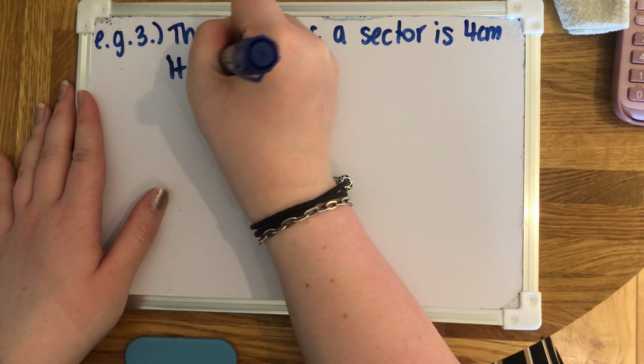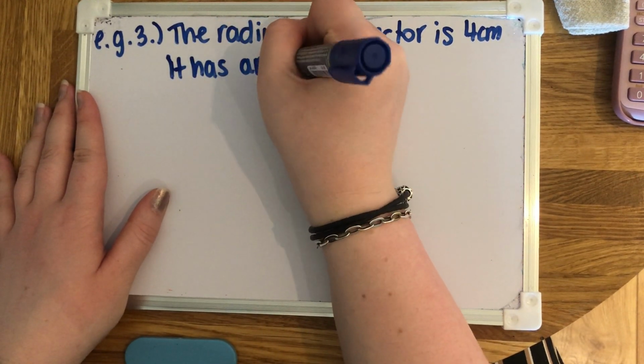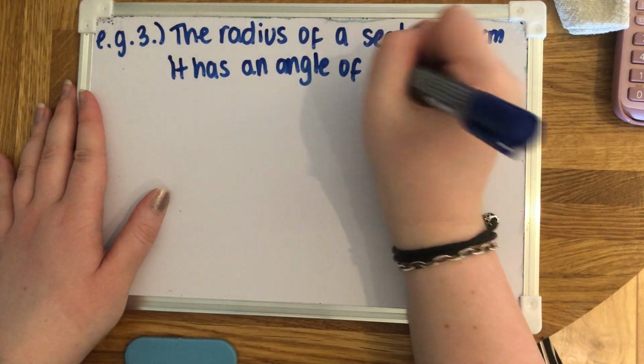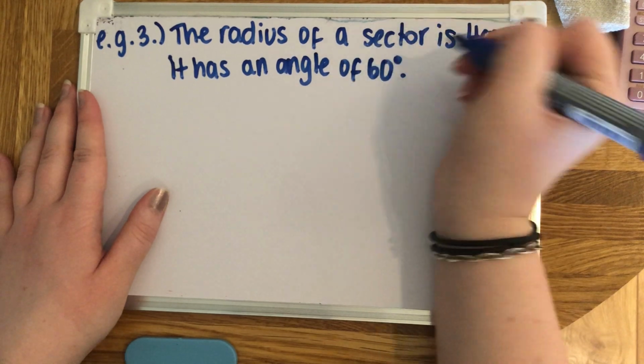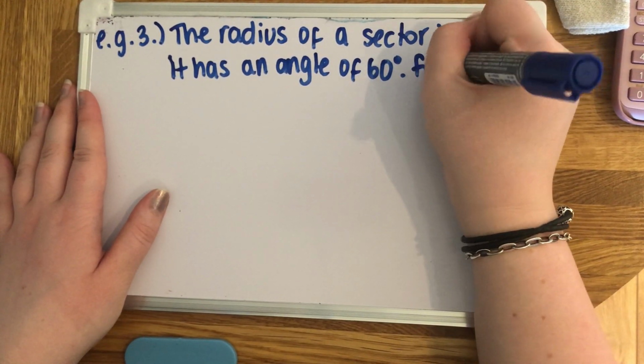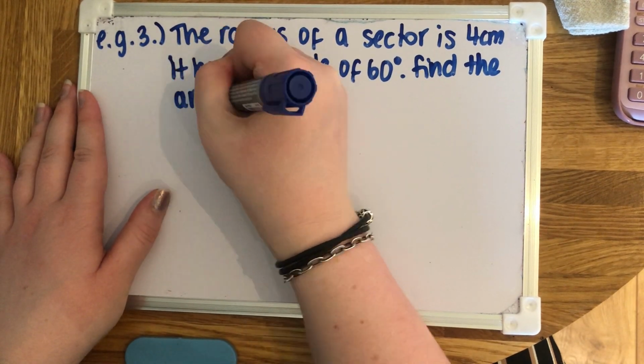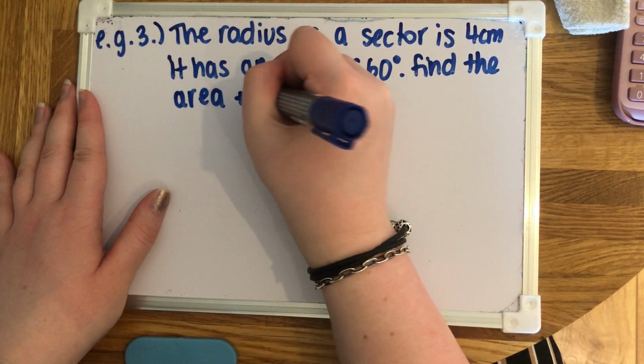It has an angle of 60 degrees. Find the area and perimeter.